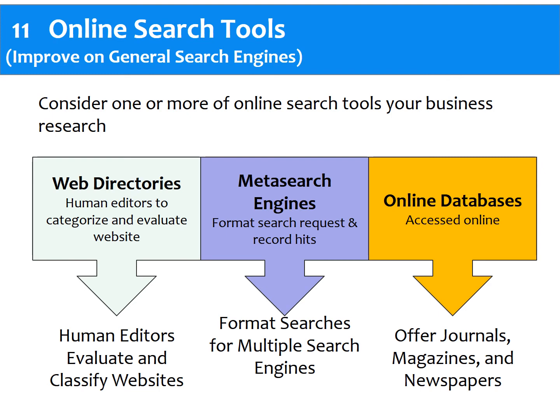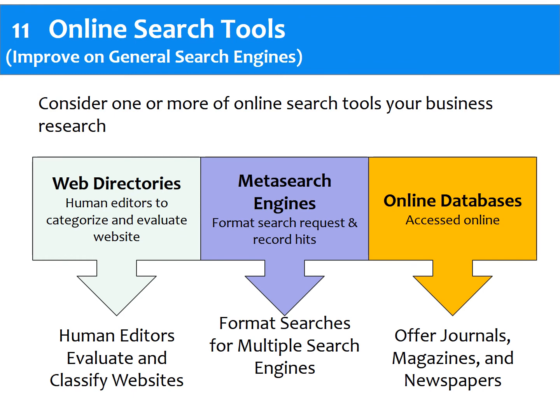And the second one, meta search engines. This is basically formatting search requests and recording hits. The more hits for certain key terms, that basically indicates the reliability of the information. So this is meta search engines. Then the next one is online databases.